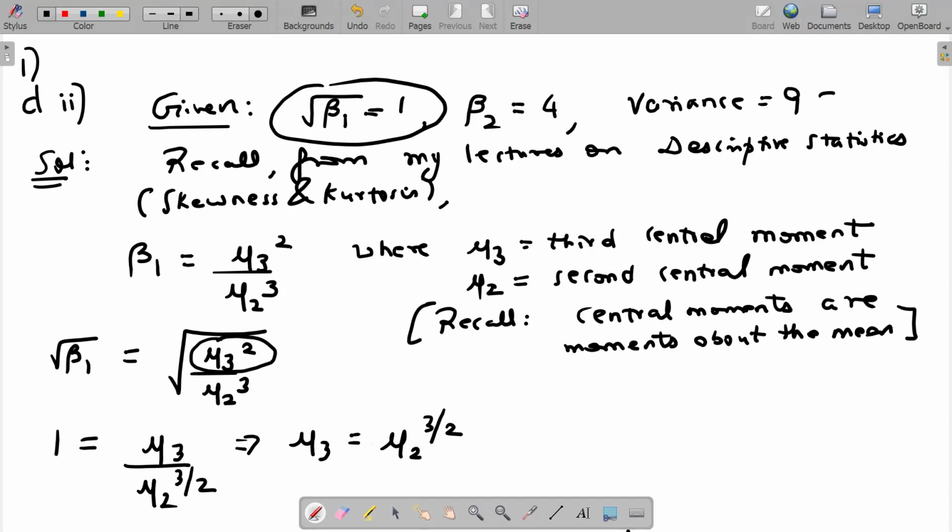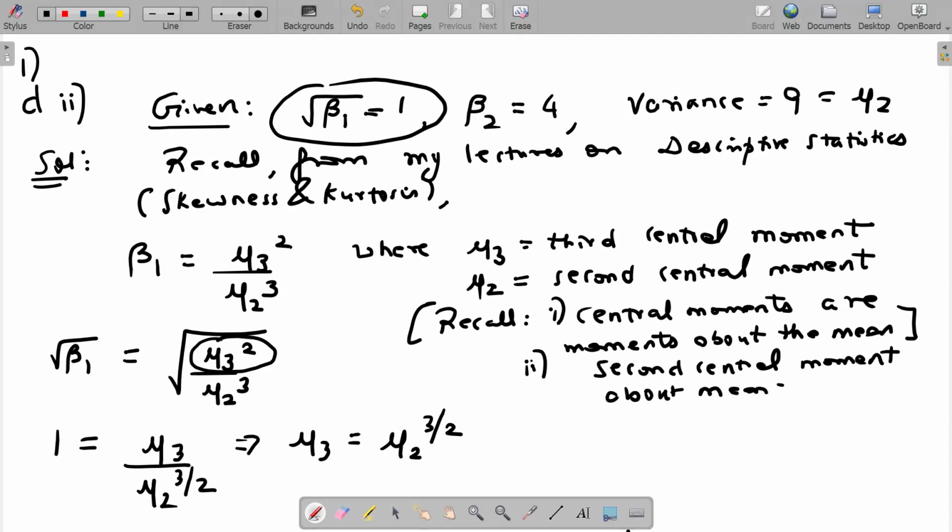And variance is nothing but the second central moment about the mean. So recall point number 1, central moments are moments about the mean. The second point to recall: the second central moment about the mean is exactly equal to the variance.